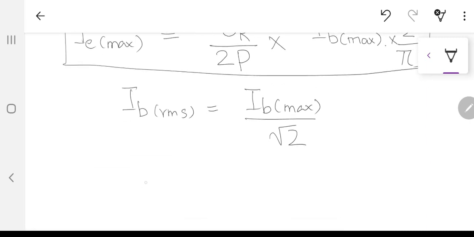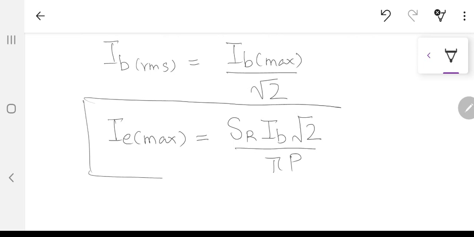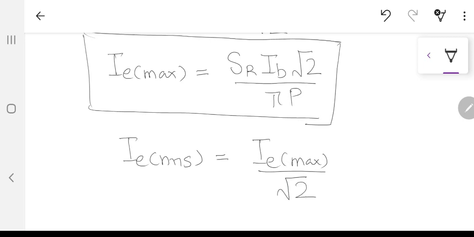So this means that the above equation, this is IE maximum, can be changed to SR IB under root 2, and in the denominator I have pi p. So IE max is equal to SR IB under root 2 divided by pi p, and since this is the maximum value and the end ring current is also the RMS, IE RMS is equal to IE max divided by under root 2.